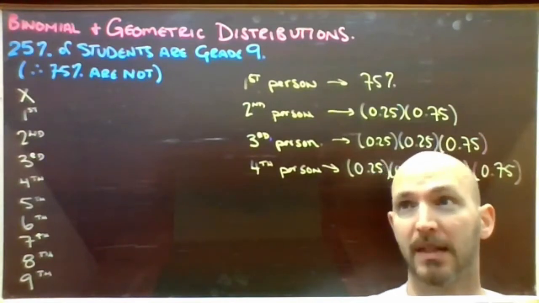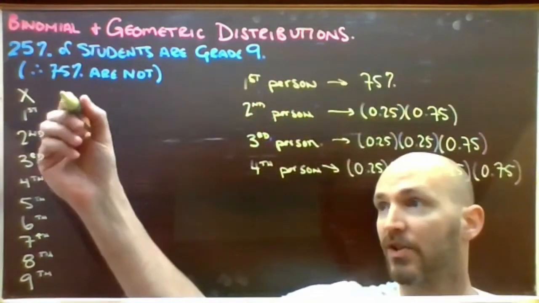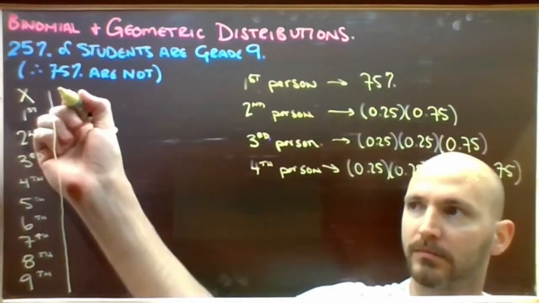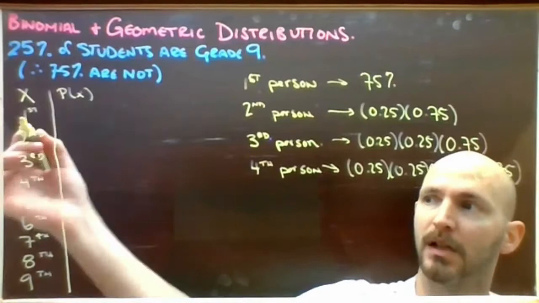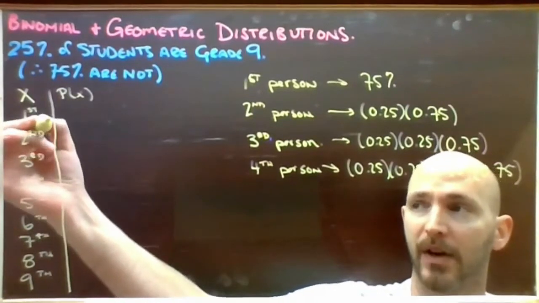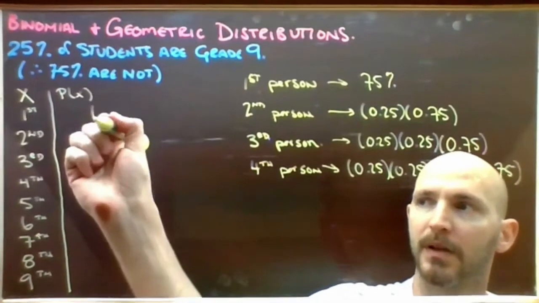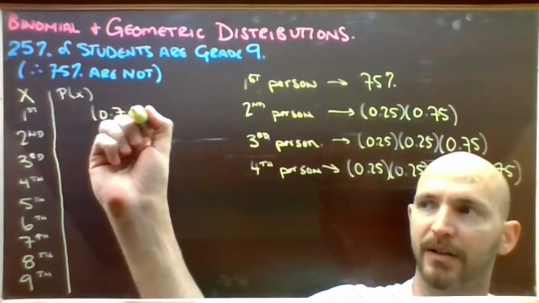So if I were to put these numbers into this chart, the probability of finding the not grade 9 on the first go is 0.75.